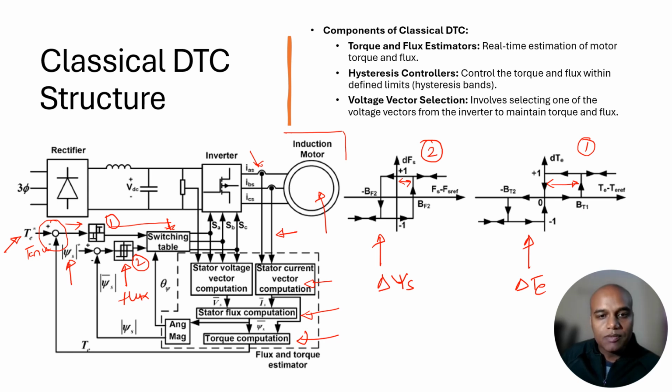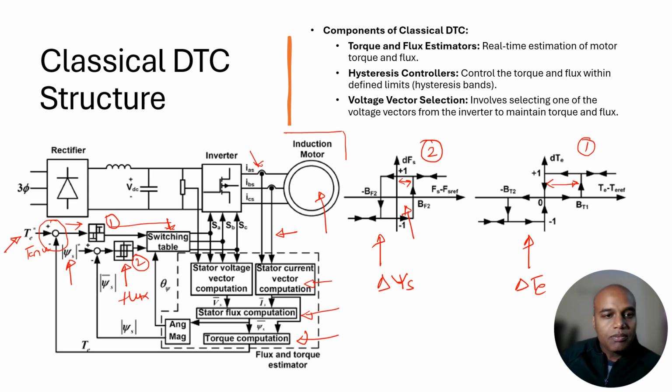However, if the error goes beyond the predefined limit or beyond the bandwidth of the hysteresis controller, here I want to give you one logical concept: the band of these controllers is within our hands. We can change the band according to the control of my motor. If I want more smooth control, then I can reduce the band of this hysteresis controller.